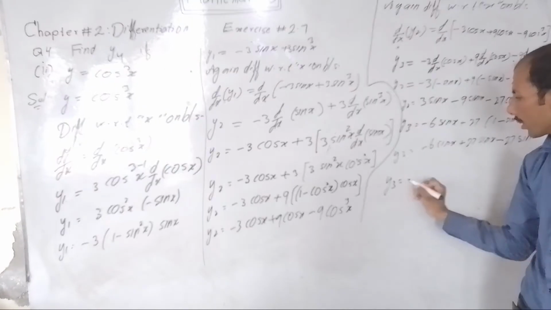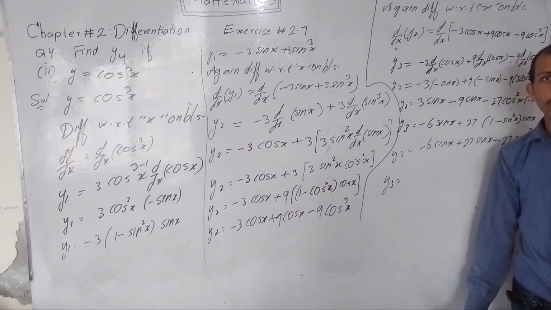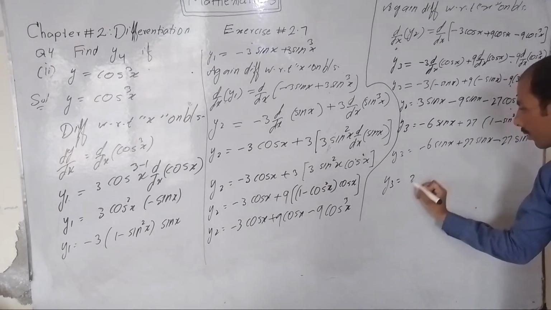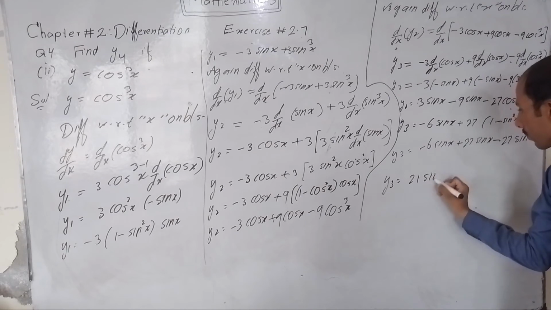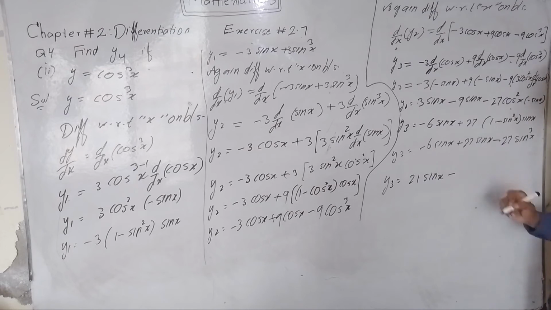So y3 is equal to 27 minus 6, 21 sin x minus 27 sin cube x.